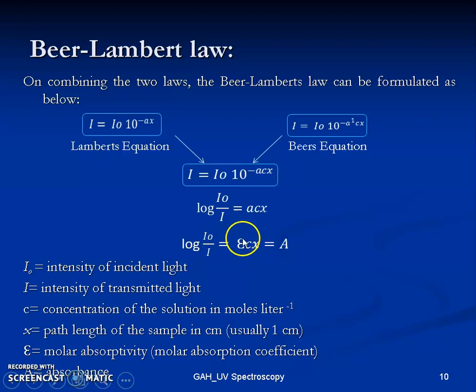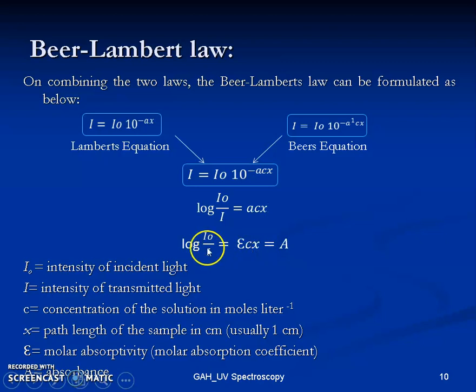What is epsilon? I have represented this as epsilon because it is the molar absorptivity, also known as the molar absorption coefficient. C is nothing but the concentration of the solution, which is expressed in moles per liter, and x is nothing but the thickness or the path length of the sample, which is usually expressed in centimeters.